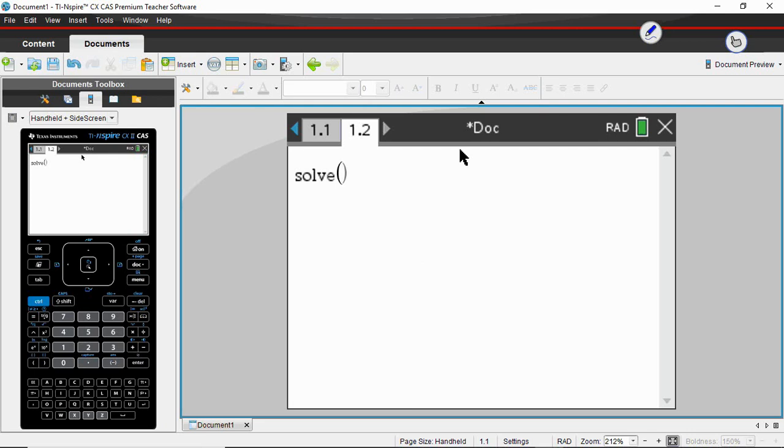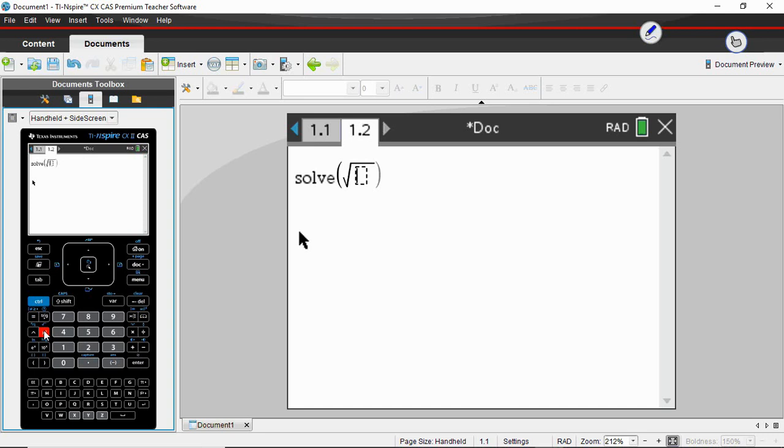Basically, I'm just going to type it in exactly as it appeared on screen. The square root button on this calculator is right here next to the 4, and it's above the x squared. If I want to access anything that's in blue on my calculator, any of the things that are above the buttons, I just press the blue button first, the control button. So control x squared, that gives me a square root. And I can start filling this in.